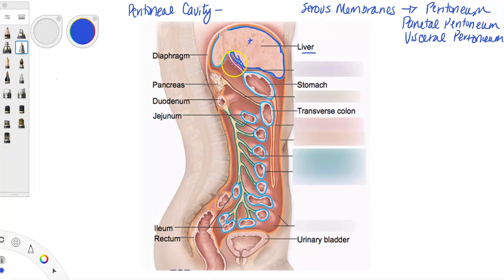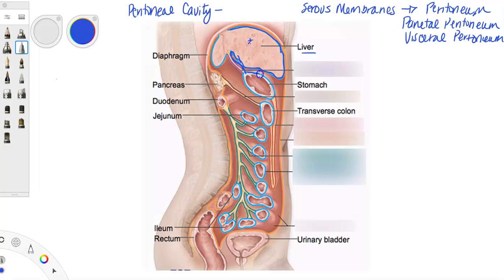If you can see, this is like a little sandwiched area of visceral peritoneum. And basically, this little thing, it's because we're going to come around here, bring my pen down here, and I'm going to end up right here at the stomach.